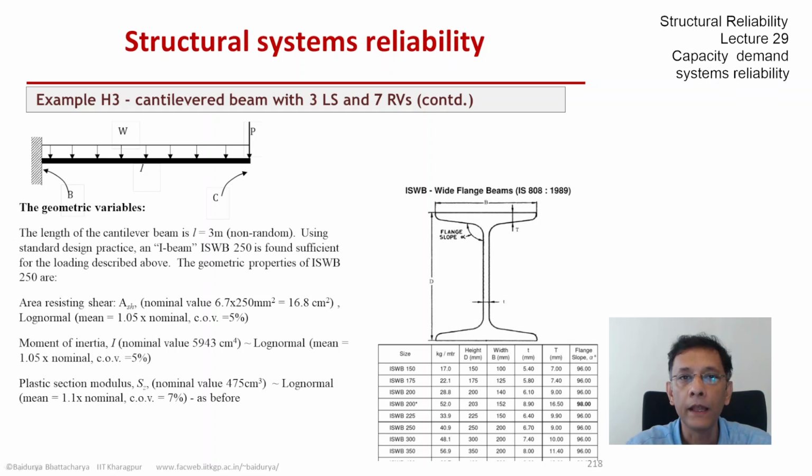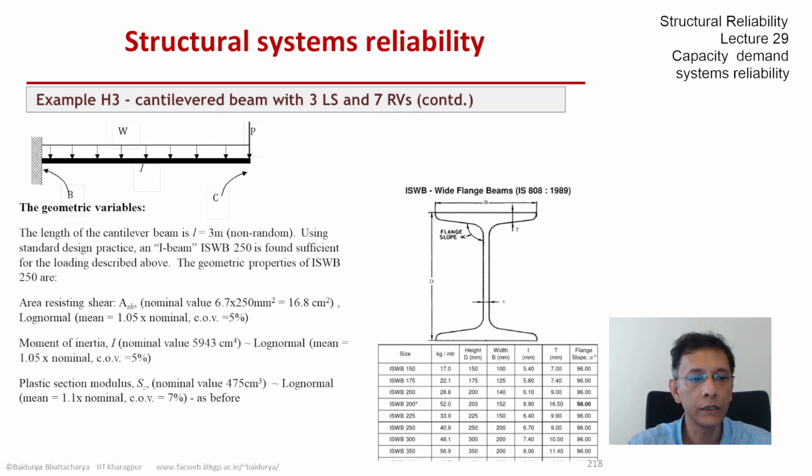So let's say it's a log normal random variable with mean 1.05 times the nominal, which means the bias factor is 1.05, and a COV of only 5%.